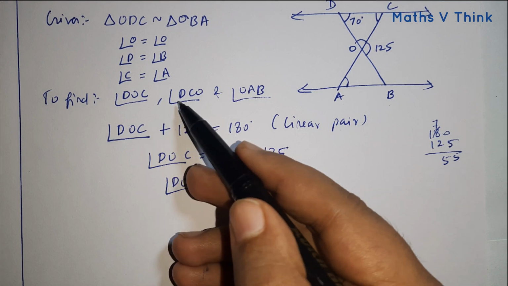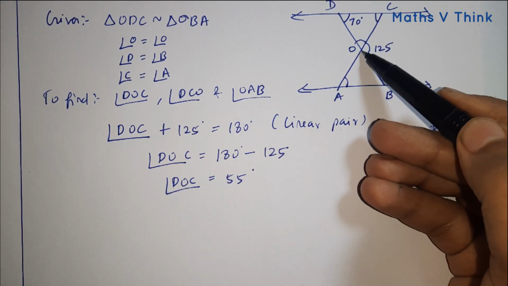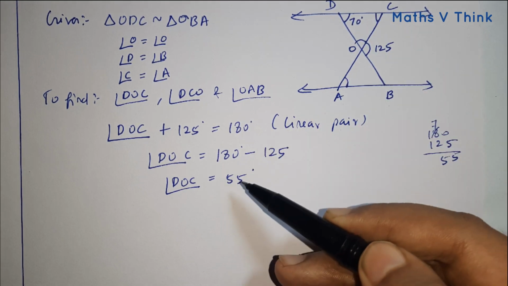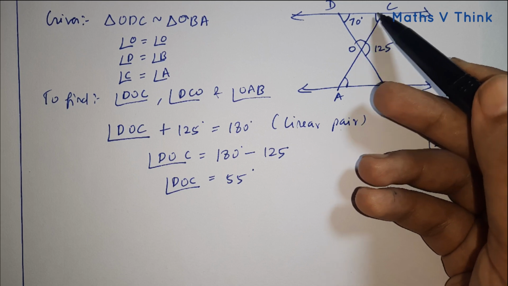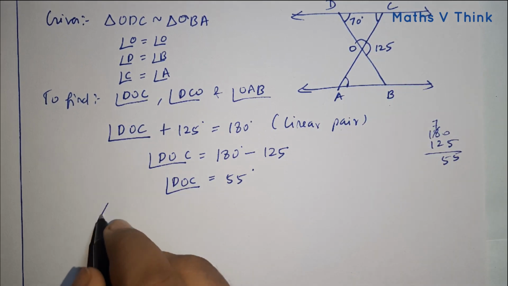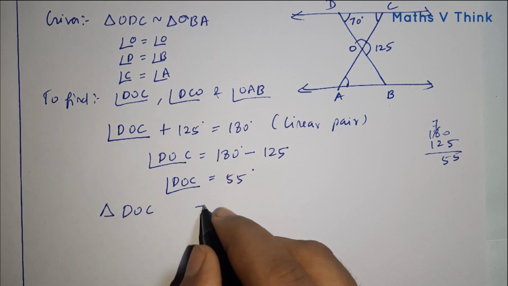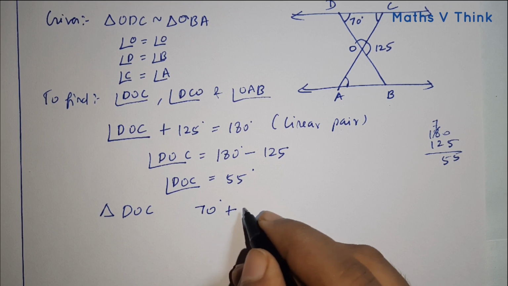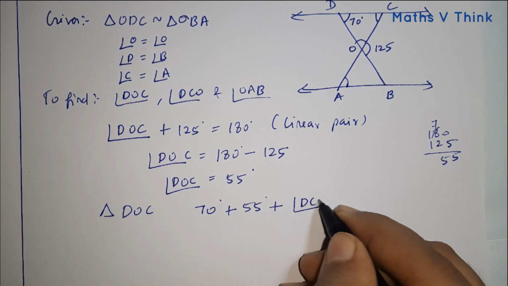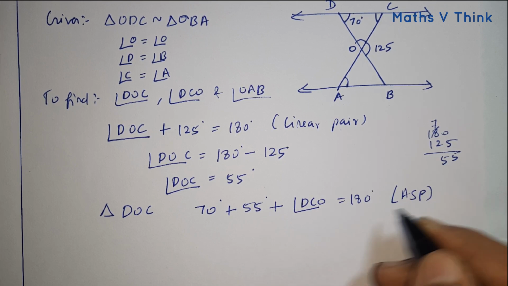Now next I need to find DCO. In this triangle I can see one I got 70 degree and one I got 55. The other I can find by angle sum property. So in triangle DOC I can tell 70 plus 55 plus angle DCO is equal to 180 degree because of angle sum property.